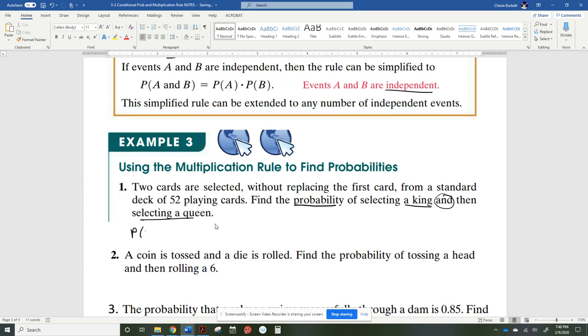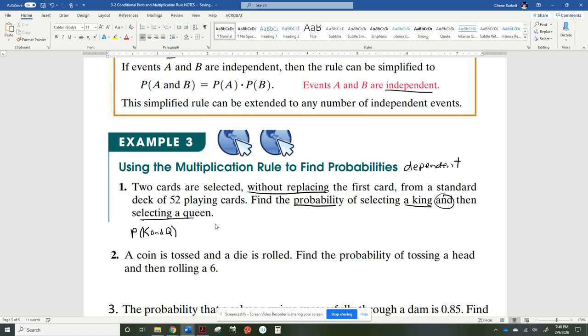So they didn't name our events. So I'm going to use K for king and Q for queen. So the probability of king and queen. We've already labeled that these two things are dependent.